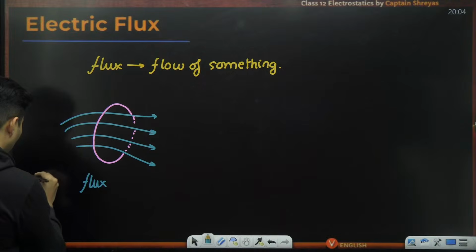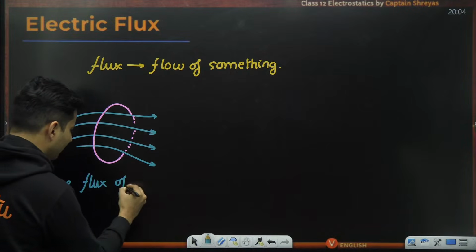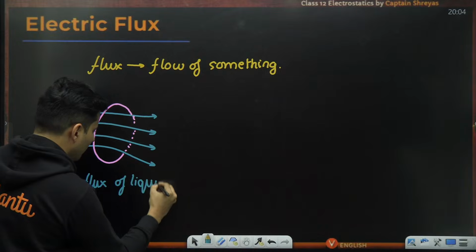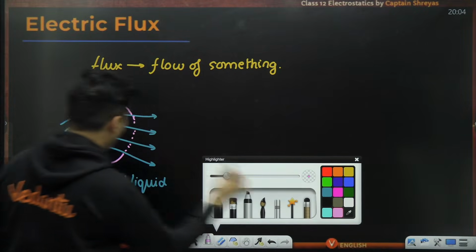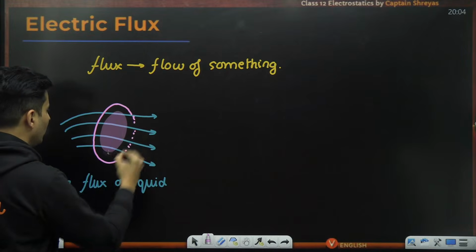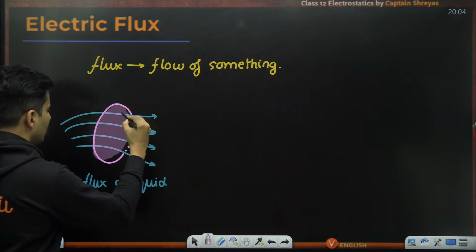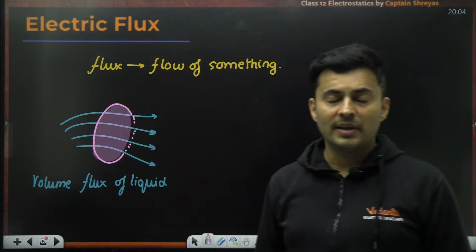So this is volume flux of that liquid, because some volume of the liquid is flowing through this particular given cross-sectional area.